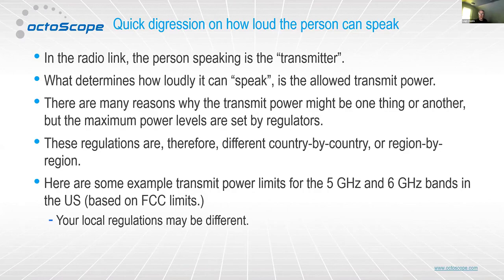No matter where you are, there's going to be some regulatory body. Here in the United States, that's the FCC, and in other countries and regions around the world you'll have different regulators, but they will tell you the maximum transmit power you can use.